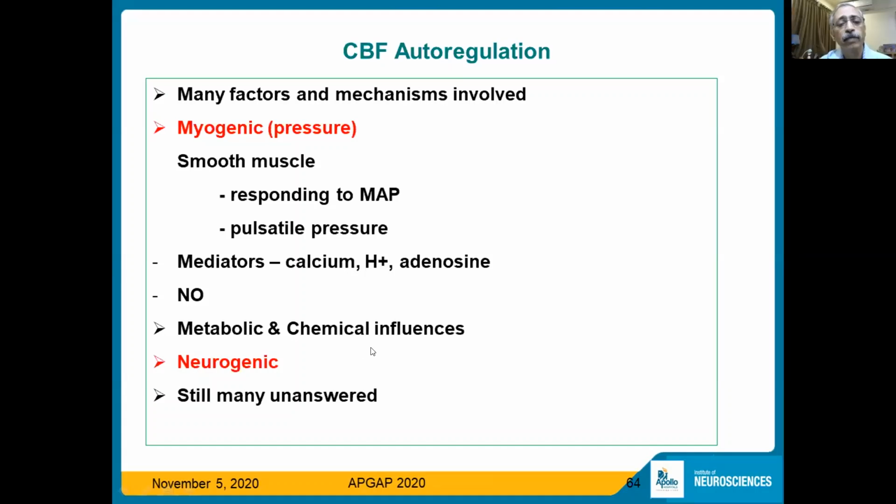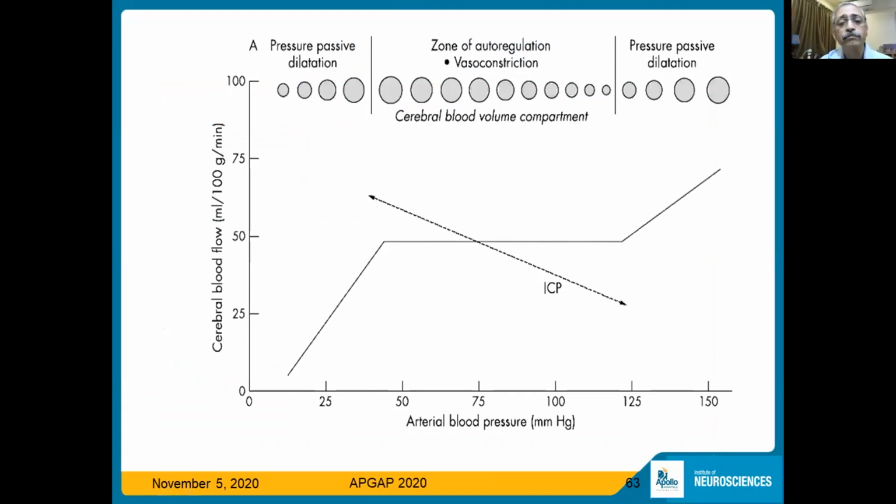Other metabolic and chemical influences also play a role in this regulation of flow whenever there is a need for increased demand. How is it brought about? What actually happens in the vasculature? When there is an increase in the blood pressure, there is an increase in the resistance.